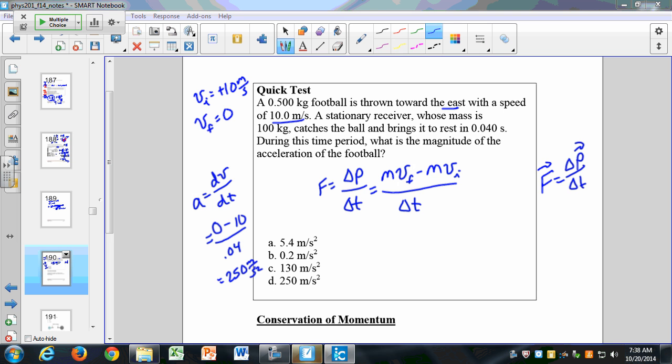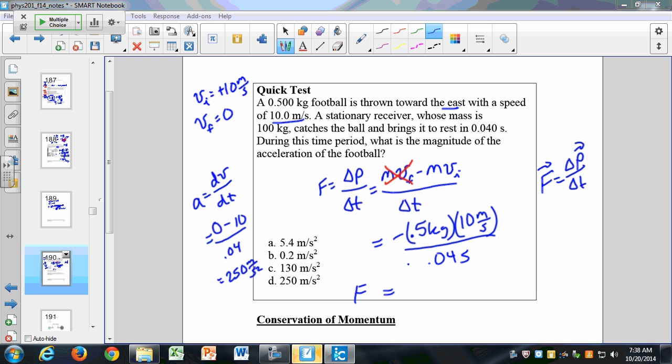This mvf goes away because vf is equal to 0. So that's negative the mass, 0.5 kilograms, times vi, which is 10, over 0.04. And that gives us the force.